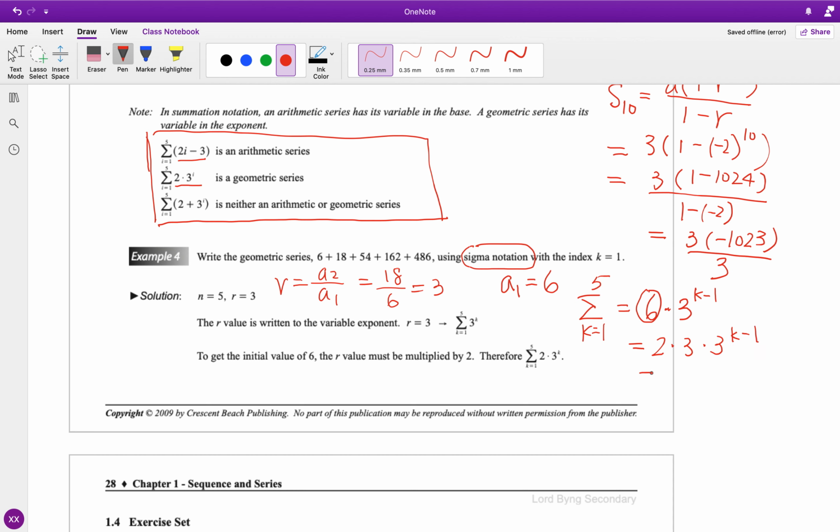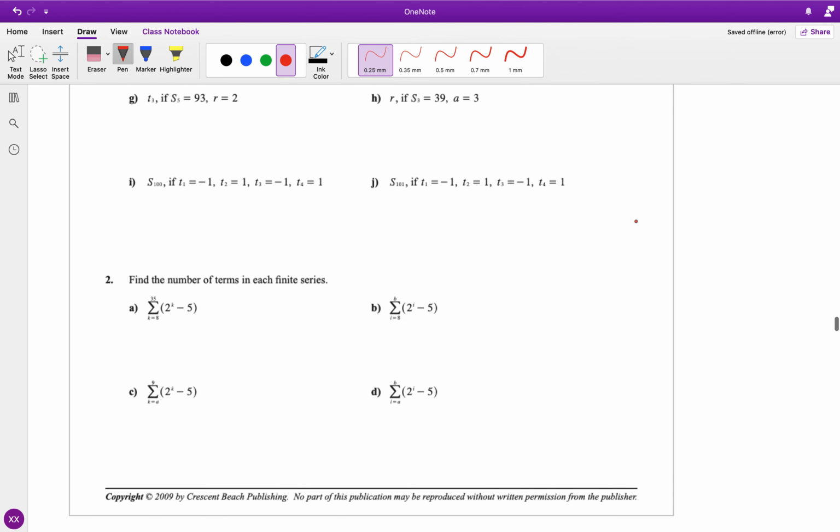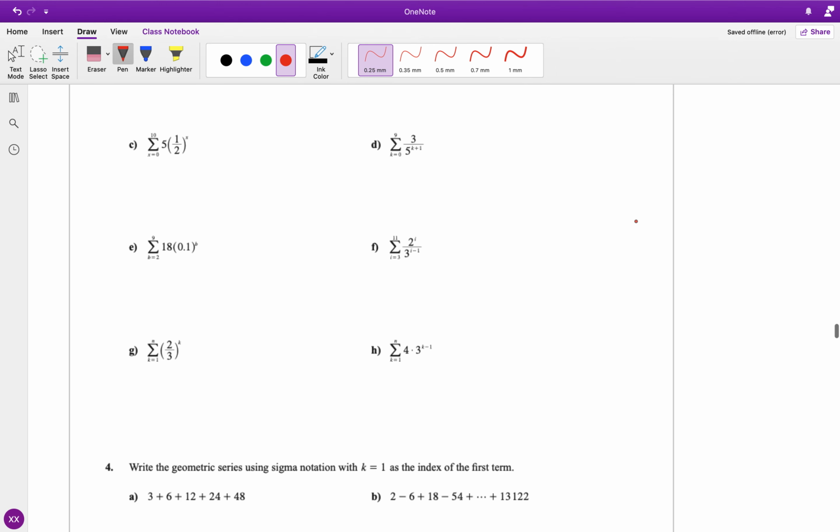Now therefore, this becomes 2 times 3 to the power of 1 plus k minus 1, which is k. So then the sigma notation looks like that. And then done.